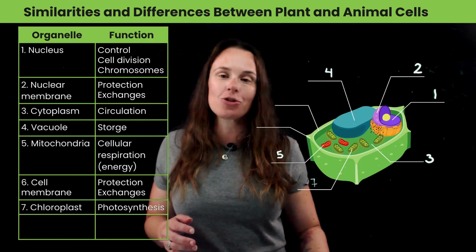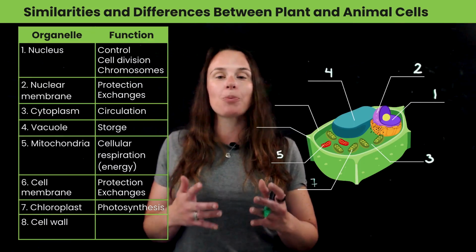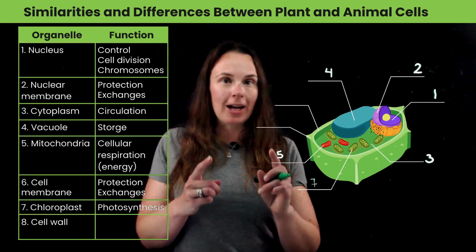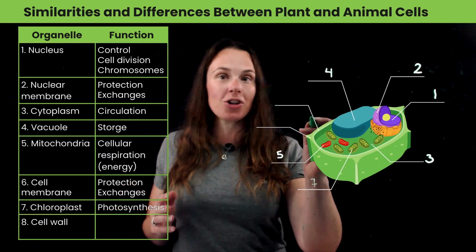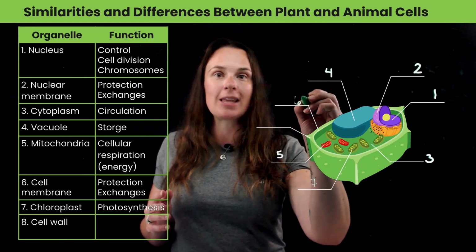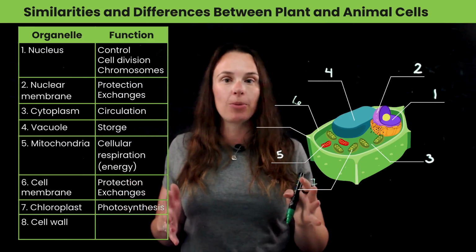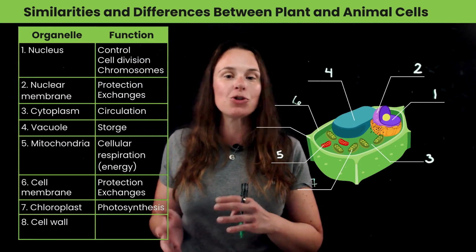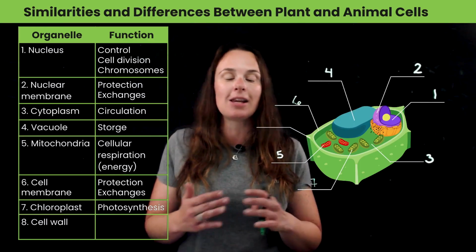The second major difference between animal and plant cells is the presence of what we call a cell wall. So first things first, let's go back. Animal cells and plant cells also have what's called a cell membrane, right? That did not change. That has not changed. Cell membranes are present in both, and they are still semi-permeable, and they allow certain nutrients and substances in and out of the cell.